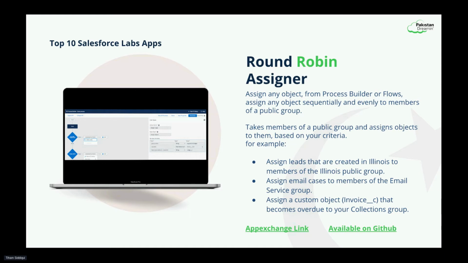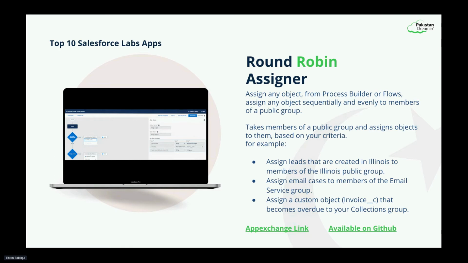So let's say we have the lead object, or you can say the case object, and whenever a case is created, I want it to be assigned in a round robin order. Let's say I have three agents.